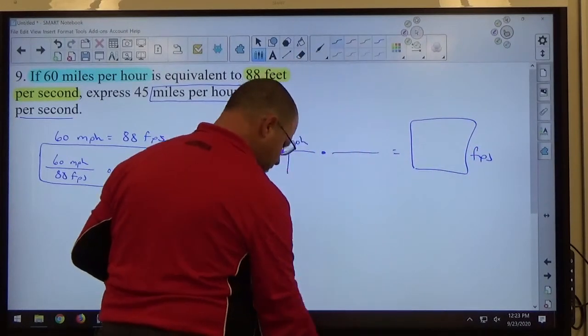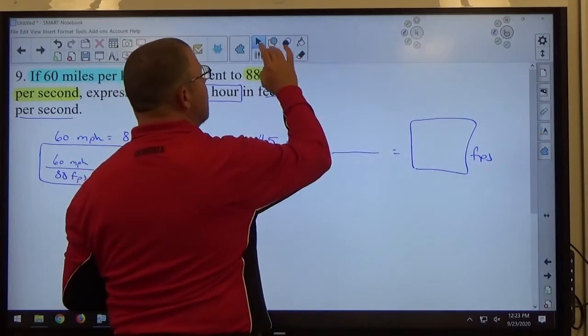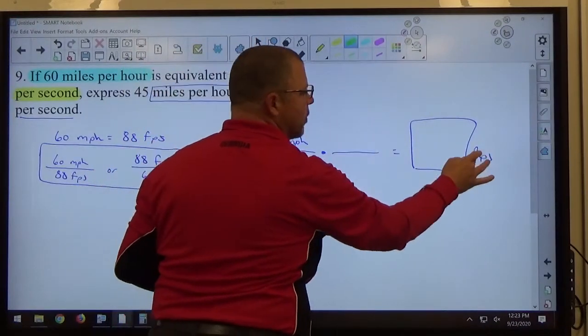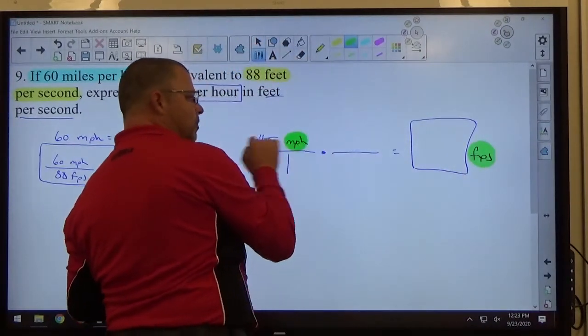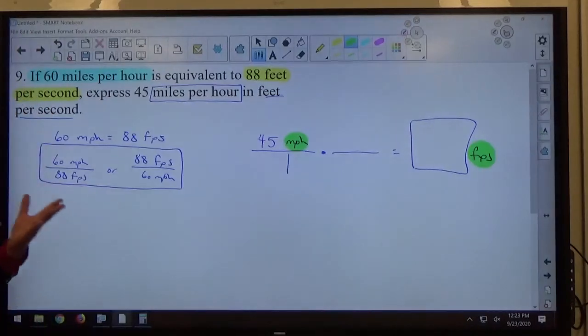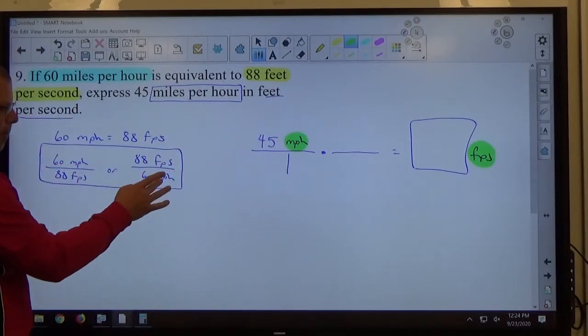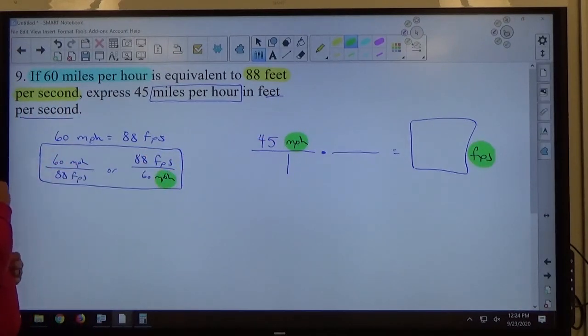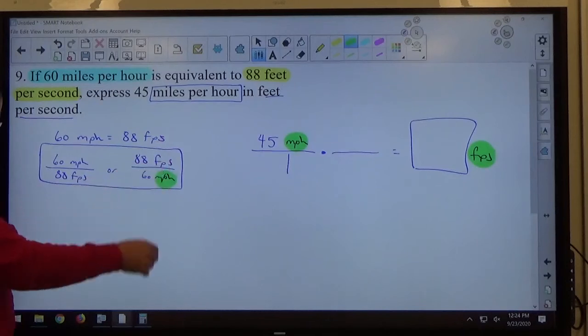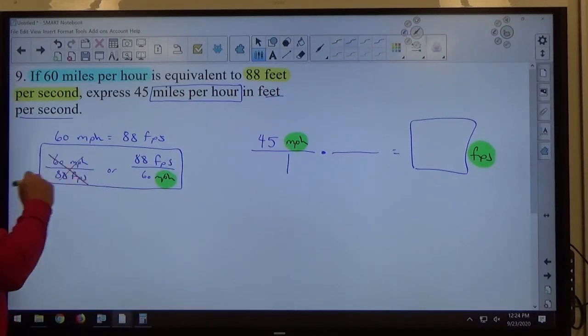All right, so what I want you to see about this is the unit I'm trying to achieve is feet per second. The unit I currently have is miles per hour, so I want miles per hour to disappear, and I want feet per second to be there, right? So if miles per hour currently lives on the top, I need a miles per hour on the bottom for cancellation purposes. So this is a useful one. This is not useful in this one.